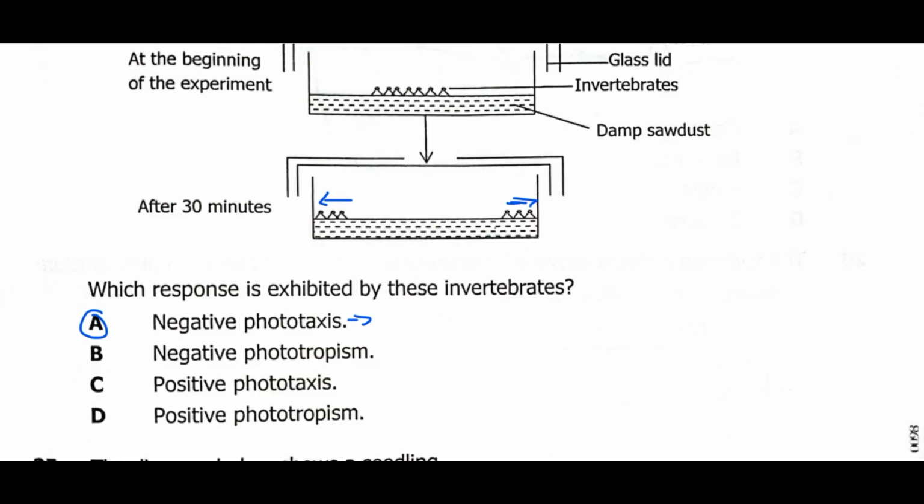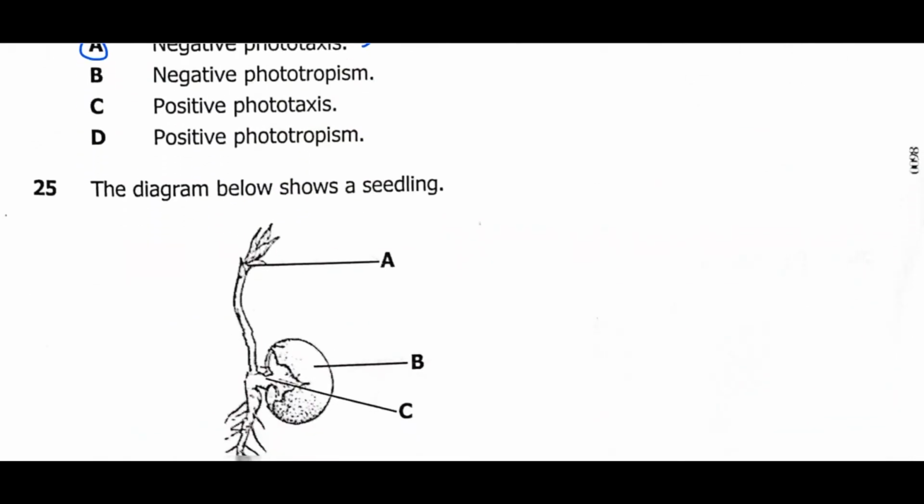So whenever an organism moves with the entire body from one position to another, that is taxis. Like the behavior of cockroaches: whenever you switch on the light, the cockroaches run into the area where there is no light. So that is negative phototaxis, because they are responding by moving away from light.